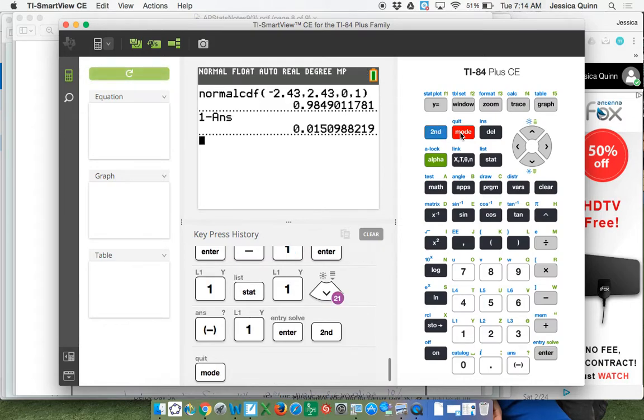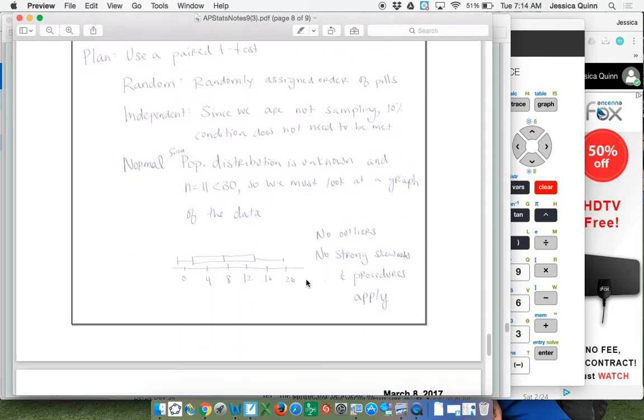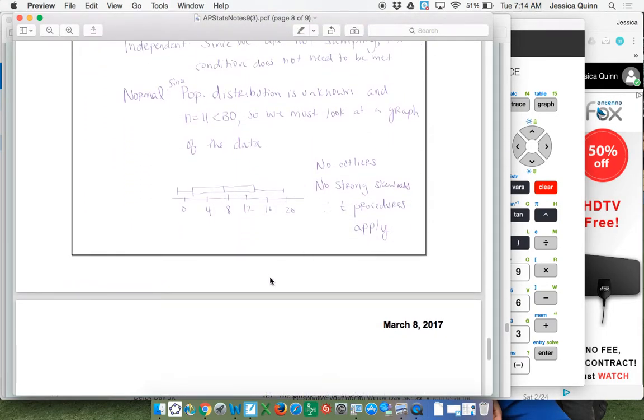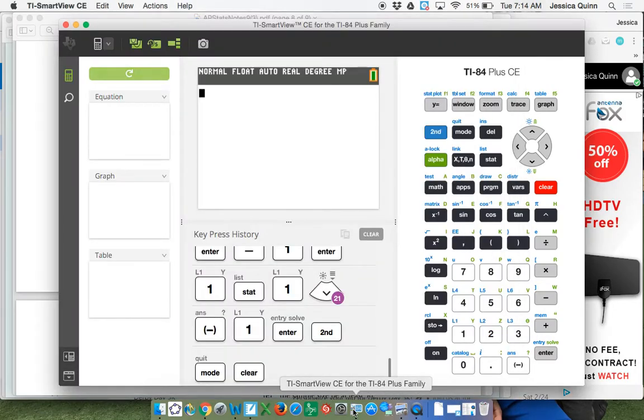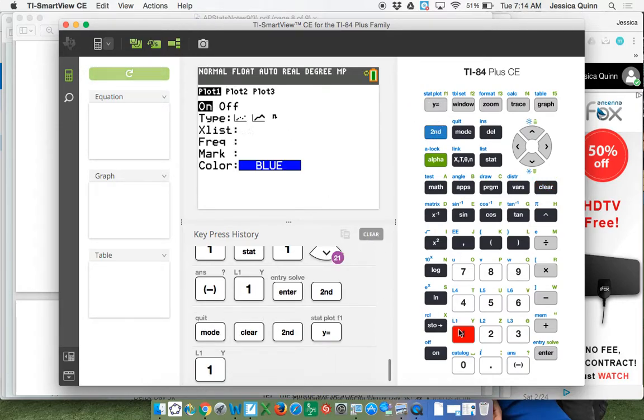Okay, so remember, we already did the box plot. I already showed you the box plot and how it looks. But if we want to see that, we can go to second stat plot. It looks like my stat plot's already on from some previous problem. So this is the one with the outliers.